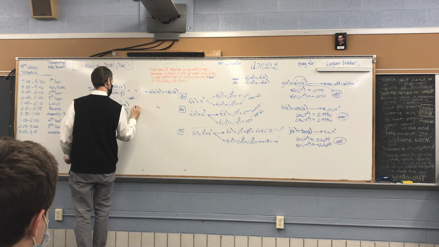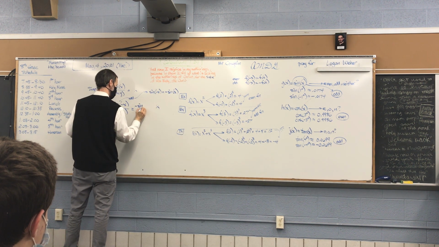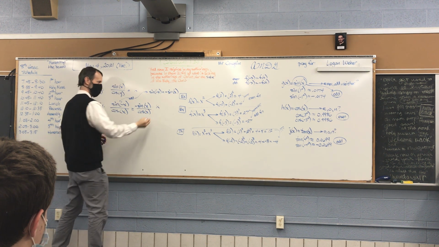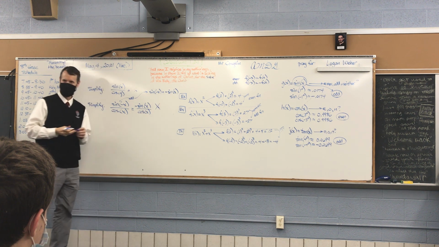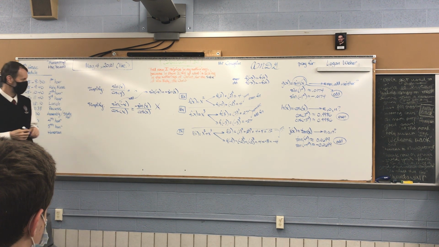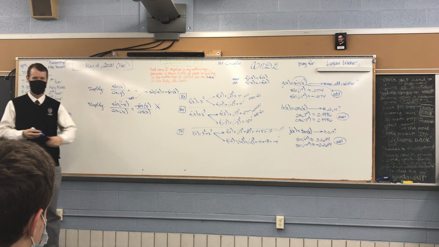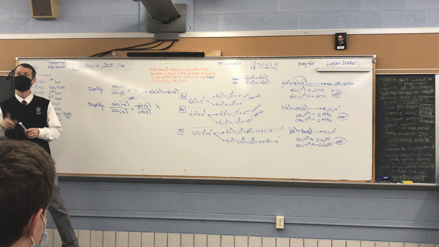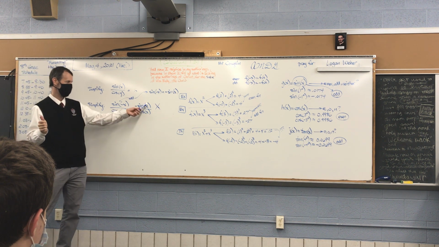I'm going to rewrite this. Negative sine of regular x, cosine of regular x. Guess what we have power to do now? Negative. Does this reduce? Did it have the same input this time?